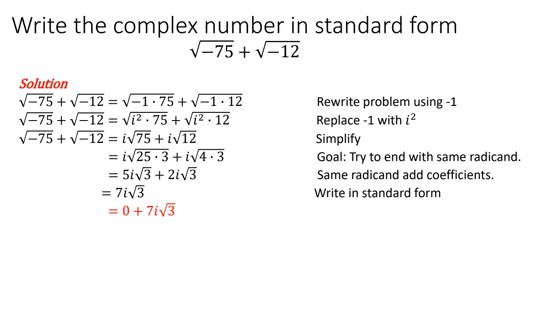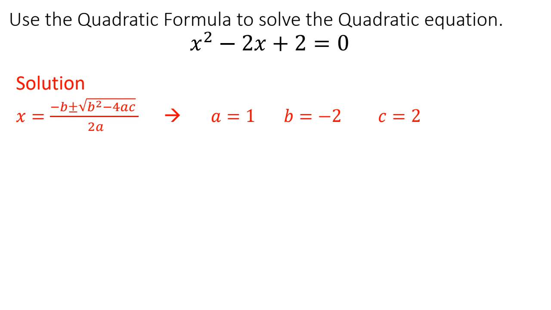Now, a great example: your answer is not going to be "does not exist" anymore. When we're solving quadratics, we're always going to have an answer, even though the graph does not cross the x-axis. Now we're going to have imaginary values.